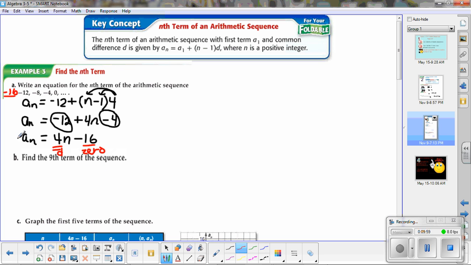Now we can use this right here to help us find the nth term, or in this case, the ninth term, for part B. To find the ninth term, we're going to plug in 9 here. 4 times 9, take away 16. 4 times 9 is 36.